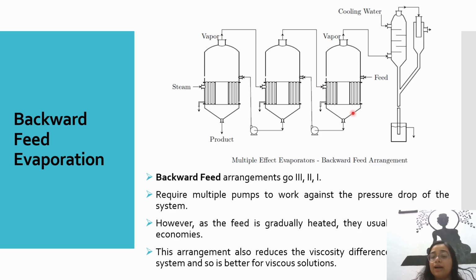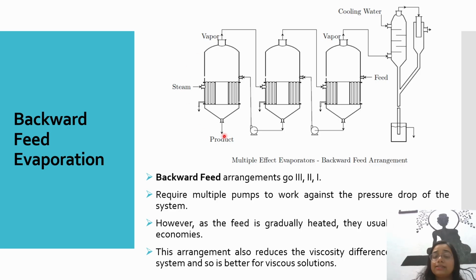When the feed is ultimately evaporated, in effect 1 the solution we get will be the most concentrated with the highest viscosity. But here we will have the high temperature. We know that as the temperature increases, the viscosity effect gets cancelled out; its viscosity will somewhat decrease.